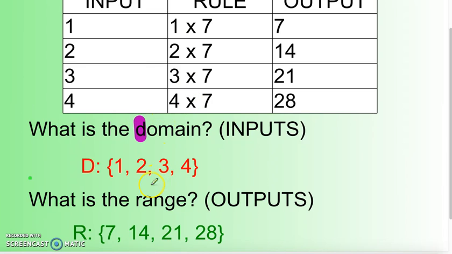Domain starts with a D, range starts with an R. If I think of them alphabetically, if I looked them up in a dictionary, D would come first before R, and so I know that domain is the first numbers I see, because those are the numbers I'm plugging in, and then range are the last numbers I see. Those are the numbers that I'm getting out as answers.